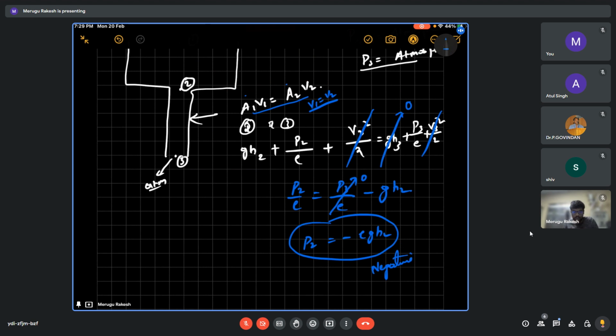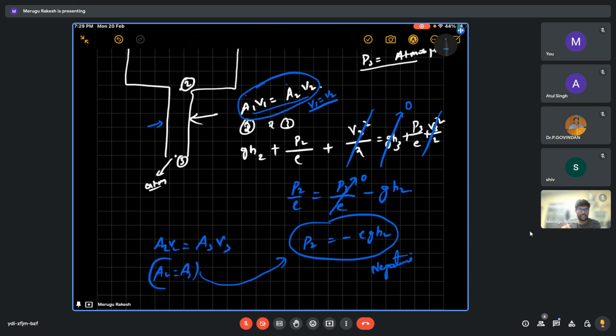Since it is negative, we cannot use a cylindrical sprue. This is happening only due to the continuity equation, A1 V1 equal to A2 V2 equal to A3 V3. If A2 and A3 are equal, then you get a negative pressure at P2, which can attract gases into the system, which we don't want.